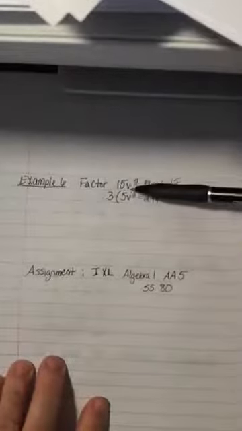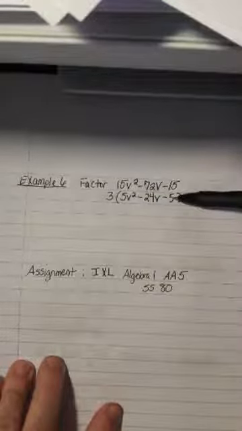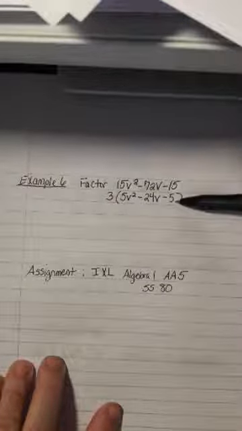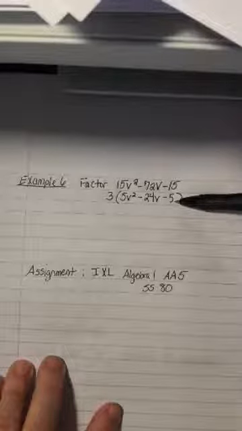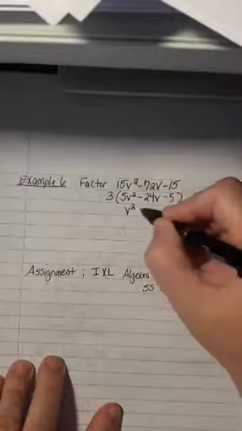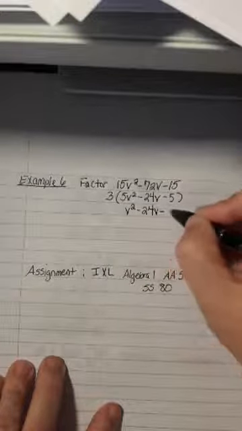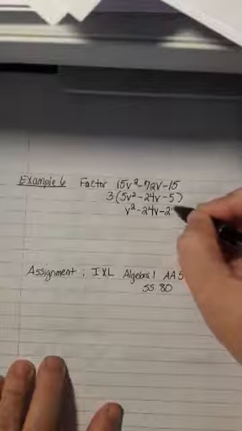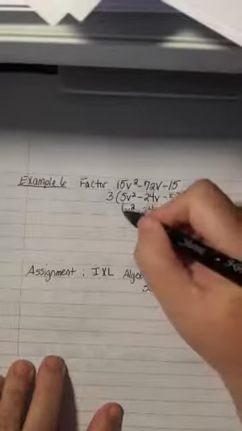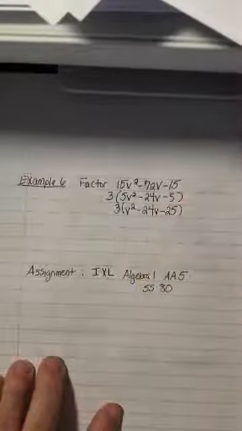I'm going to take this 5 and slide it to the end of that trinomial and multiply, and I get negative 25. So I'm left with v squared minus 24v minus 25. And I'm going to put that back in parentheses with my 3 out front.